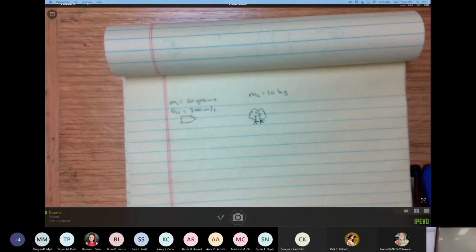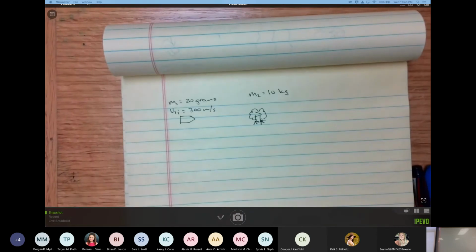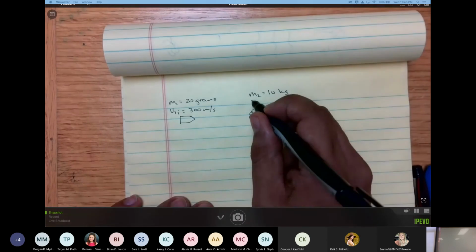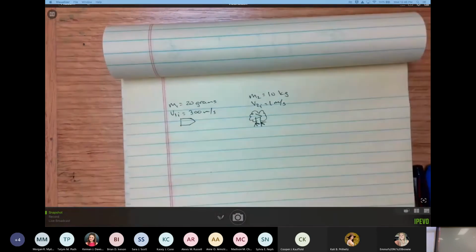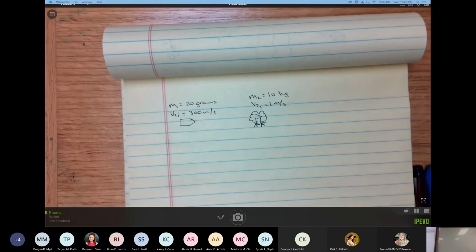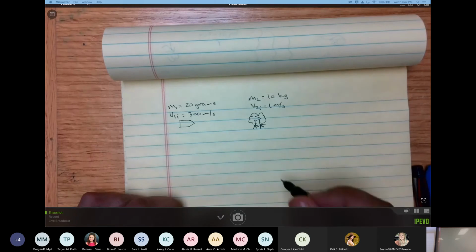He's just walking, with an initial velocity of 1 meter per second, minding his own business, looking for turkey babies. You hit the turkey, and the bullet... So now the turkey is going to be dead.